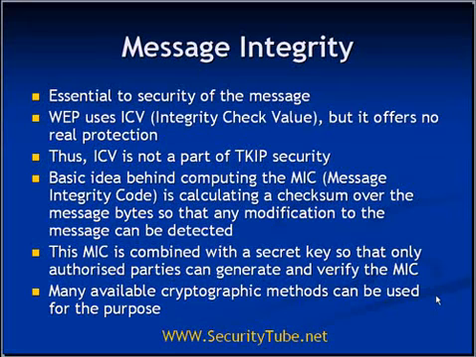So the transmitter will be appending every packet with the MIC value. This MIC value is some checksum. It can be a checksum, but it is generally a digest of the message, so that any bit change in the original message will change the digest in non-predictable ways.